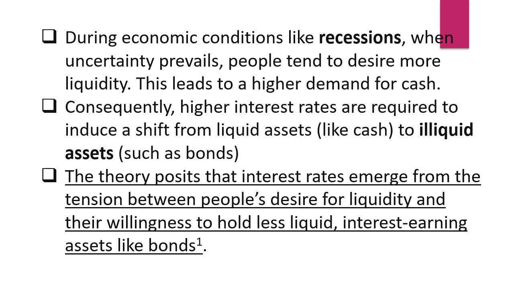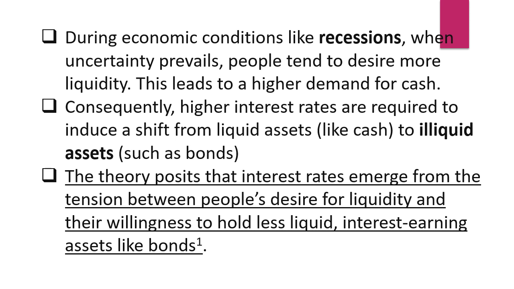Consequently, higher interest rates are required to induce a shift from liquid assets like cash to illiquid assets such as bonds. So when interest rates are high, people shift from keeping liquid assets to investing in bonds, which we call illiquid assets.